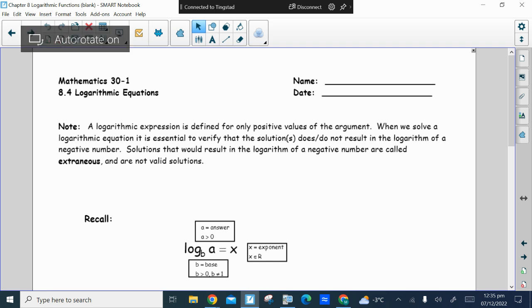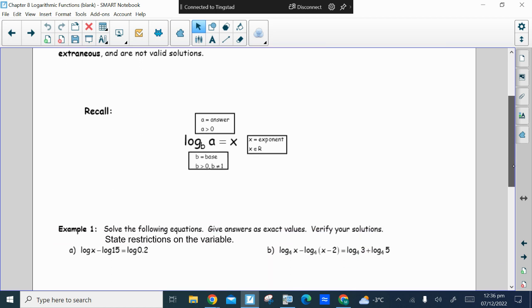So when we solve a logarithmic equation, it's essential to verify that the solution or solutions do not result in the log of a negative number. Those that do will give us extraneous roots and are not valid solutions.